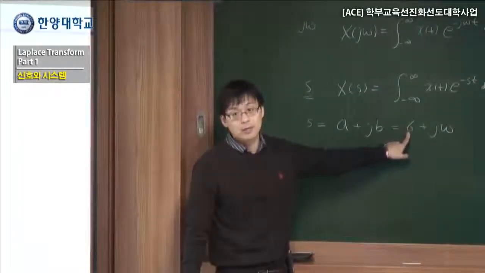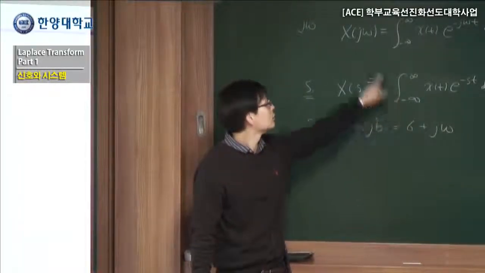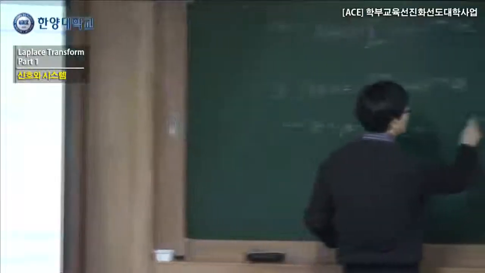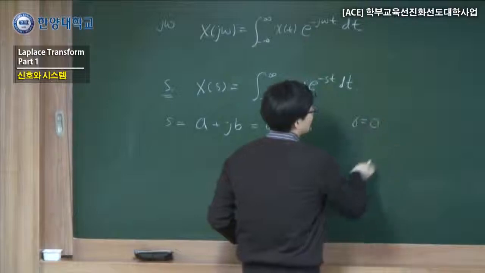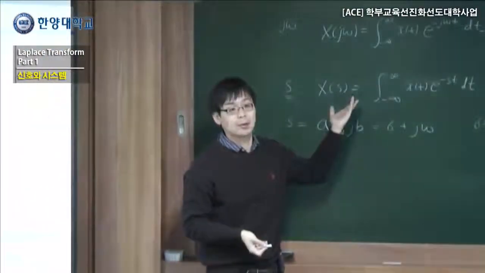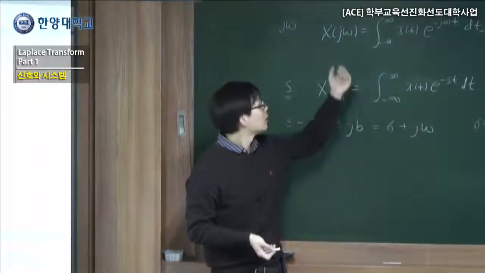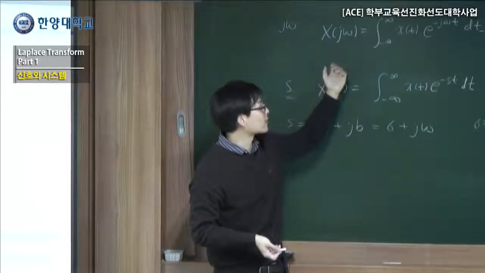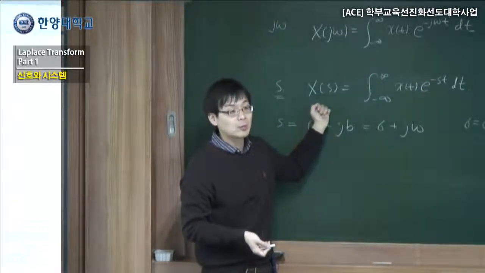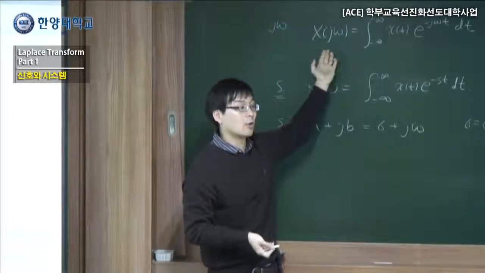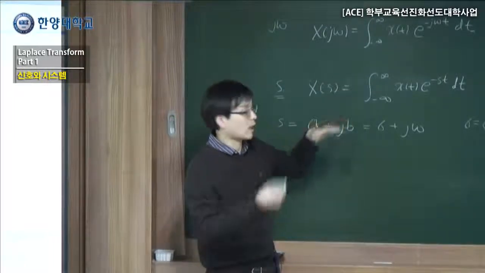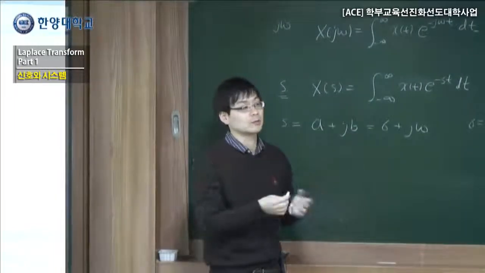When the real part is 0, then this is equivalent to the Fourier transform. So that's the reason the Fourier transform is called a subset of the Laplace transform. The Laplace transform can represent the Fourier transform. The Fourier transform cannot represent the Laplace transform, because the Laplace transform has more coverage.